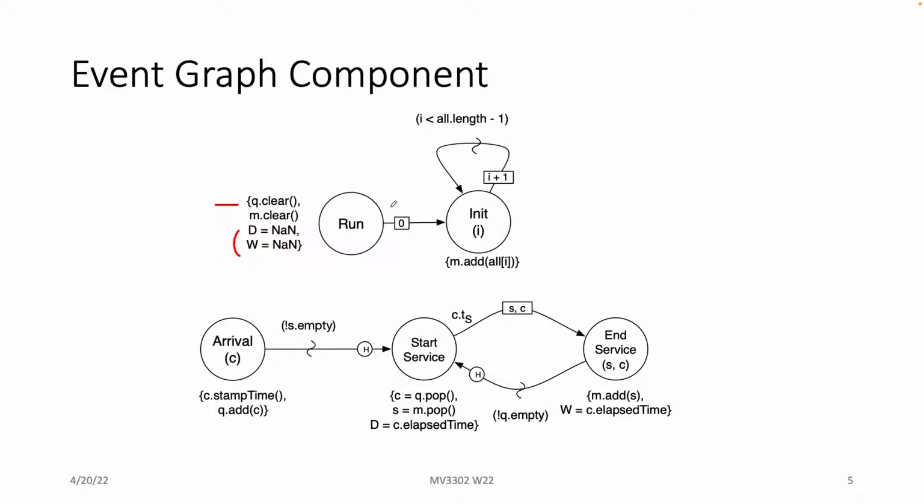But if all we have is the language of event graphs, then we can use this for loop kind of concept. In other words, for each of the entities that are servers, we will schedule an init and simply add the ith element of that array. And so when this is done, all of the servers are in this container of servers.